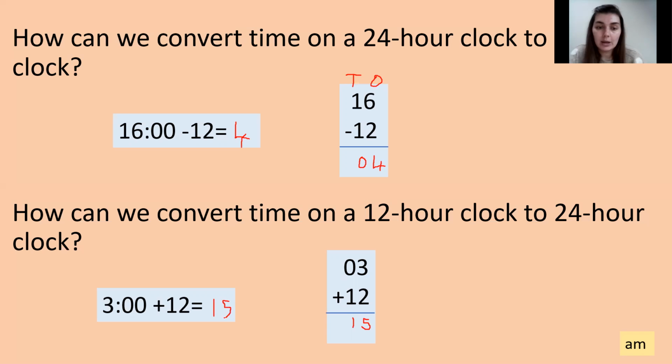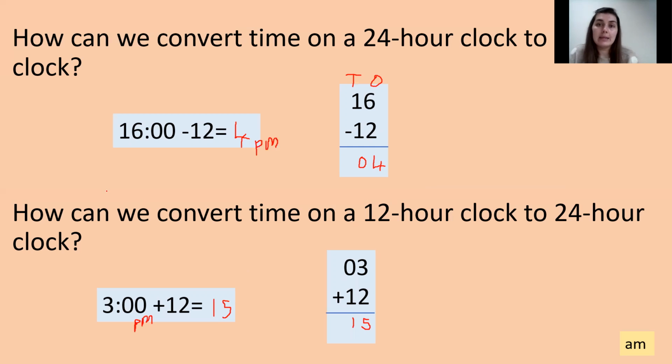Now, I said I was going to come back to the answers. So what this means is that 16 on a 24-hour clock is the same as 4 p.m. on a 12-hour clock. And 3 p.m. on a 12-hour clock is the same as 15 on a 24-hour clock.